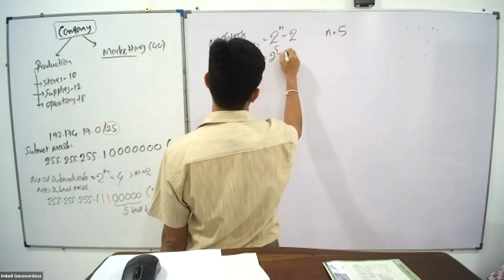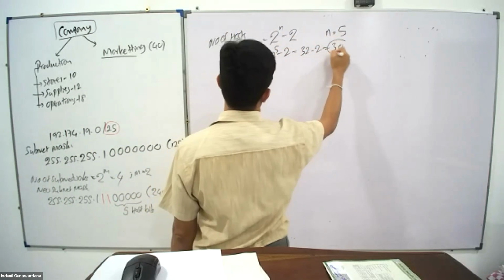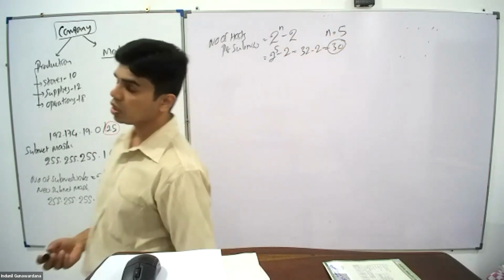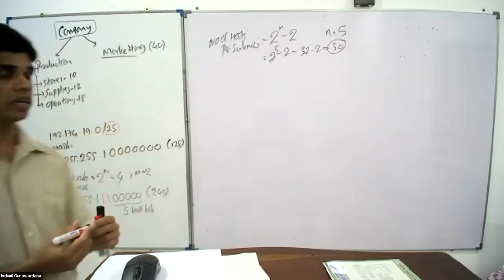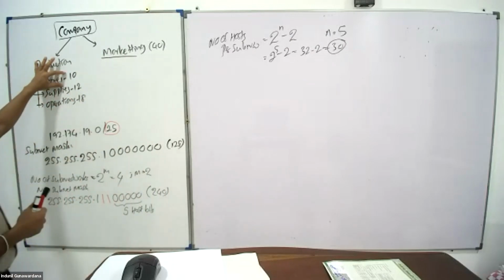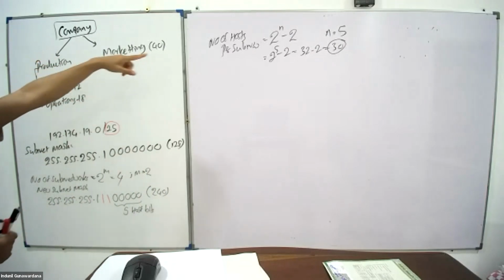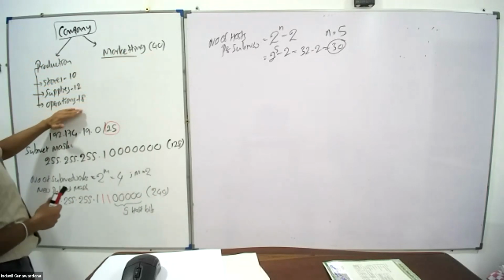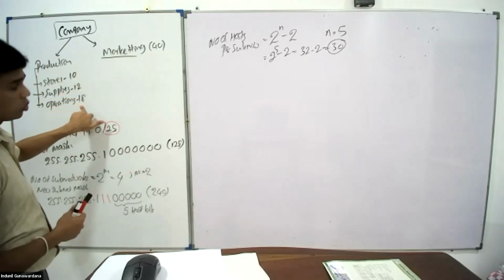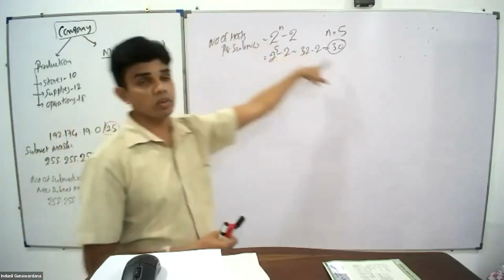Then 2 to the power 5 minus 2 gives you 32 minus 2, 30. This is the number of hosts to be assigned into each subnet. Is 30 hosts enough for the stores department? Yes. For supplies, we need 12, but it has 30. For operations, we need 18, it has 30. No problem. But for marketing, we need 40, but this is going to give you 30.